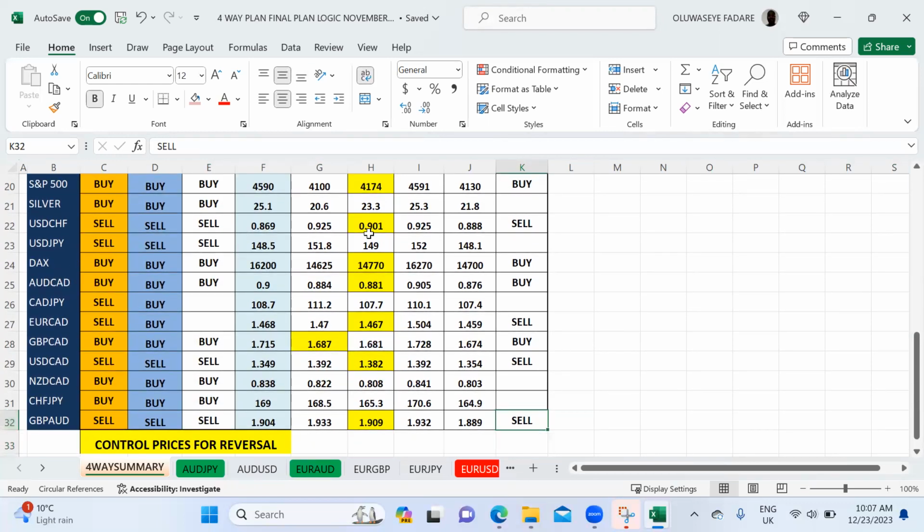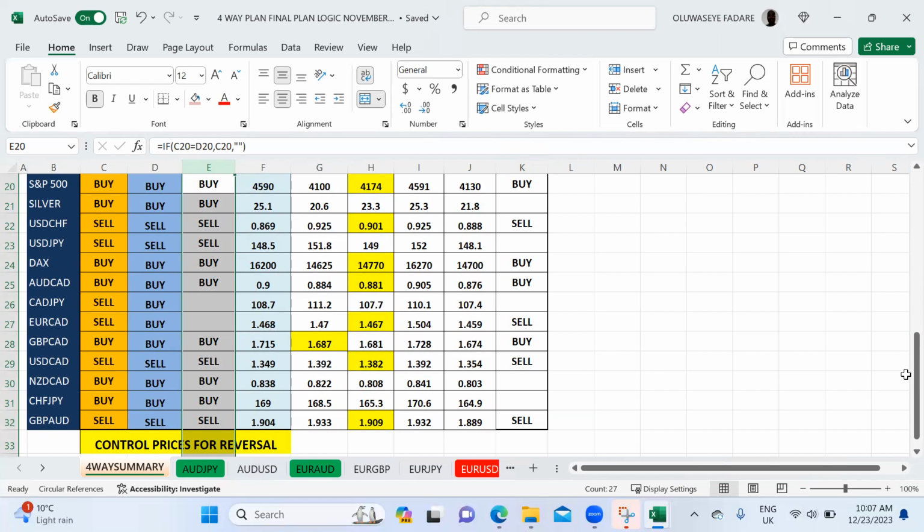So you can see at the end of the month, 18 of our decisions remain the same. So if we had taken this decision right from the beginning of the month, we would have made profit all the way down to the end of the month. That is what this is telling us all about.